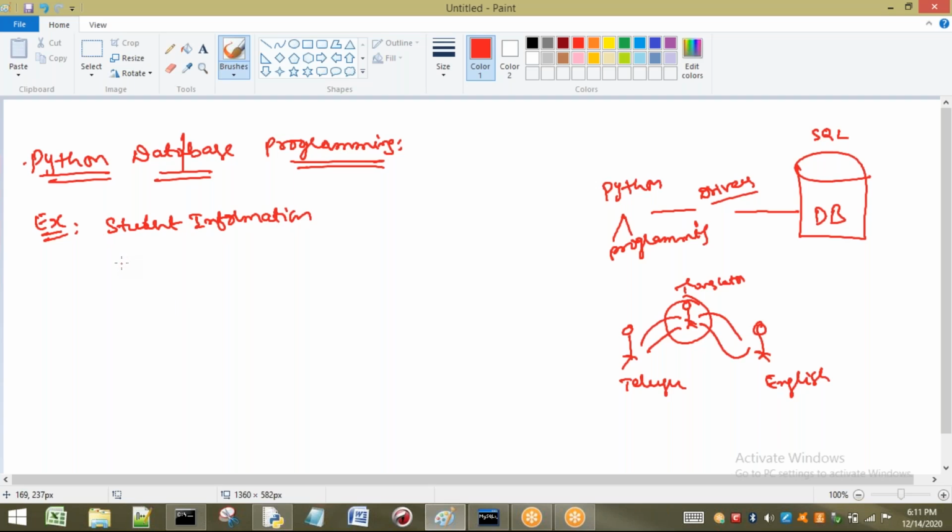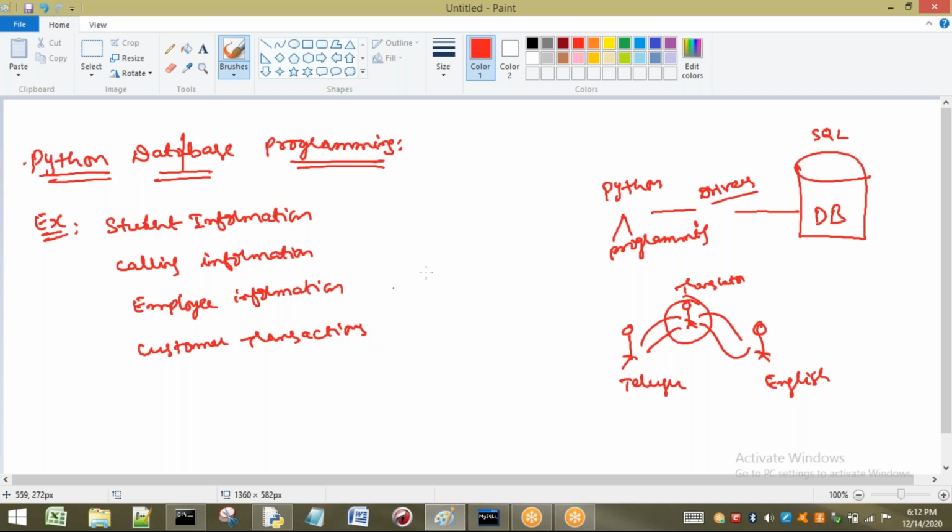In mobiles, we have call data, call information, for which we use some database. Similarly, employee information, customer transactions, banking information or banking transactions. There are many places where we get data.